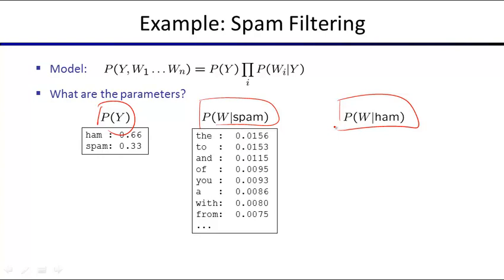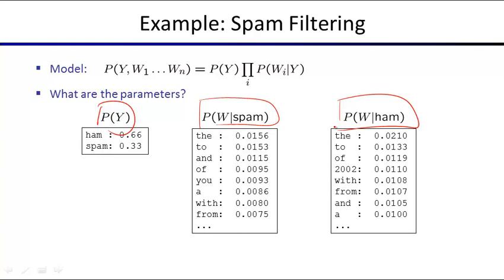It would be reasonable to just look at those counts and put them in there. Then here's another model. You could look at the counts of how often in a spam email the word the occurs, the word to occurs, and so forth, then look at the empirical frequency and call that the probability of occurrence of that particular word. You could tabulate that, and same for ham.